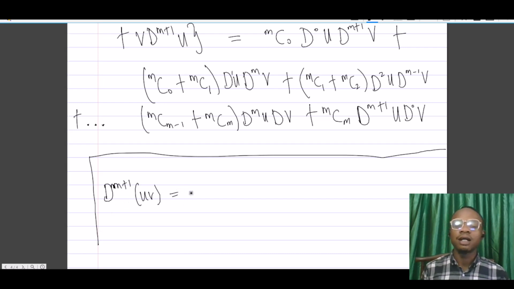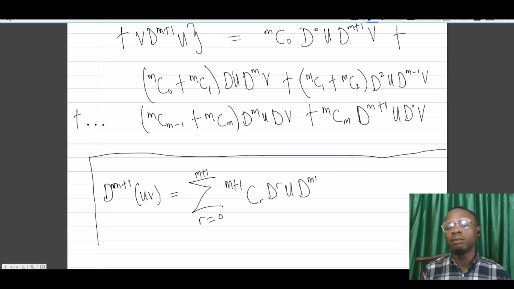This is meant to be the summation from r equal to 0 to m plus 1. It should stop at m, or n, or whatever we have here. In this case, we have m plus 1, so it should stop at m plus 1. And it should be m plus 1 combination r, then the r u, then this will be m plus 1 minus r v.